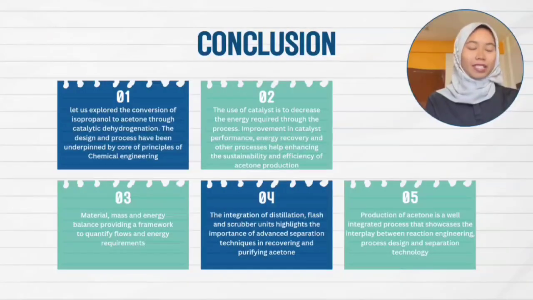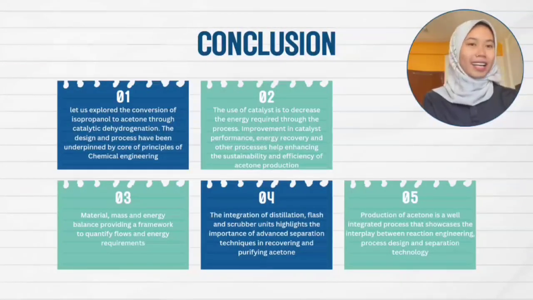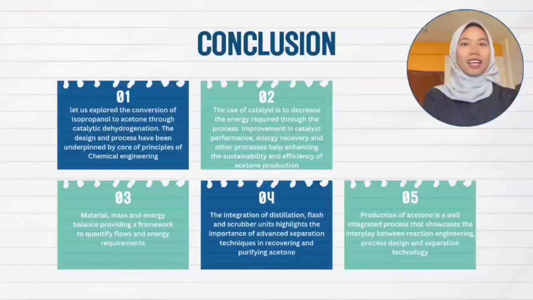Third, material, mass, and energy balance provide a framework to quantify flows and energy requirements. Systems such as flash and scrubber highlight the importance of advanced separation techniques. And I can say that overall, the production of acetone is a well-integrated process that showcases the relation between the principles of chemical engineering and fluid mechanics.